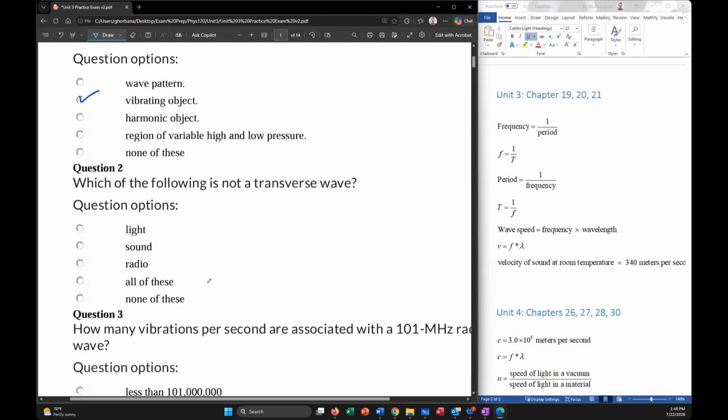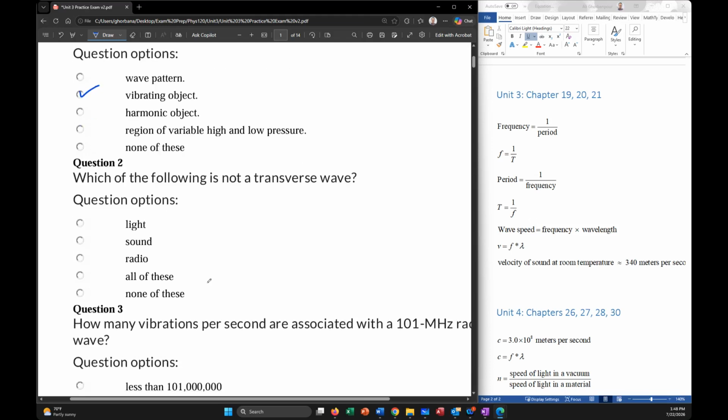Question number 2: which of the following is not a transverse wave? We have two forms of wave, transverse wave and longitudinal wave.